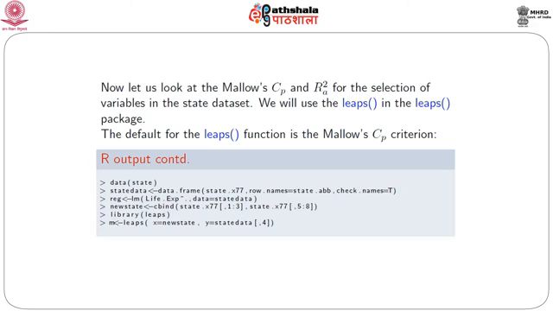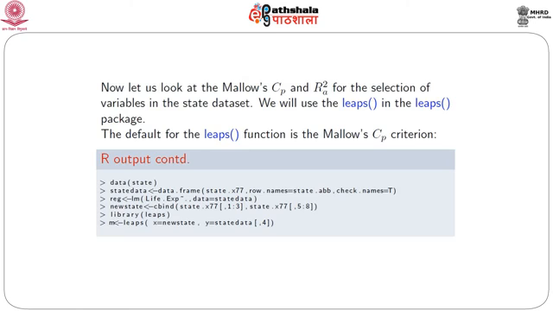Then we write reg as the lm object of regressing life expectancy on all the predictor variables that are included in the data set. Then we use the leaps function and call that m. So, m equals leaps, x equals our new state data and y equals the fourth column of the state data, which is our response variable.